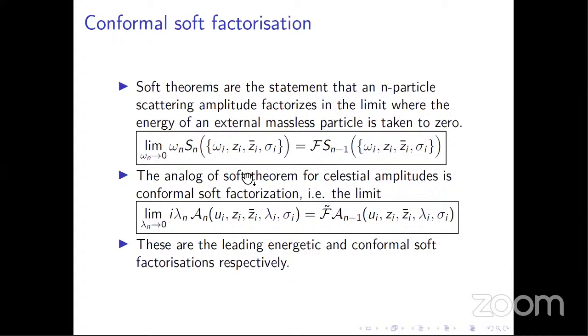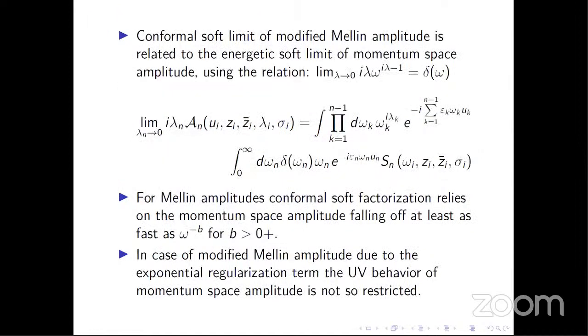The analog of the soft theorem for the celestial amplitudes is the conformal soft factorization, where we take the limit of the lambda factor we introduced to be 0. So these are just the leading energetic and conformal soft factorizations.